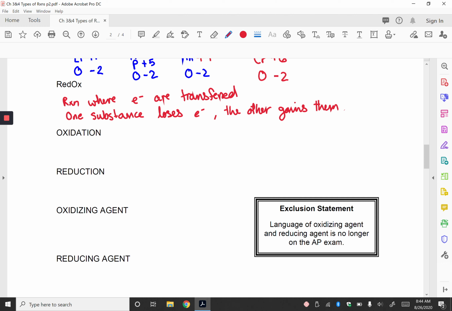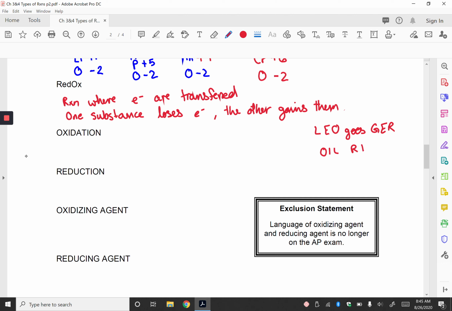So redox stands for reduction and oxidation, or oxidation and reduction. Do you guys remember Leo goes Ger? Leo, the lion, goes Ger. So this stands for loss of electrons is oxidation, gain of electrons is reduction. Some people prefer OIL RIG.